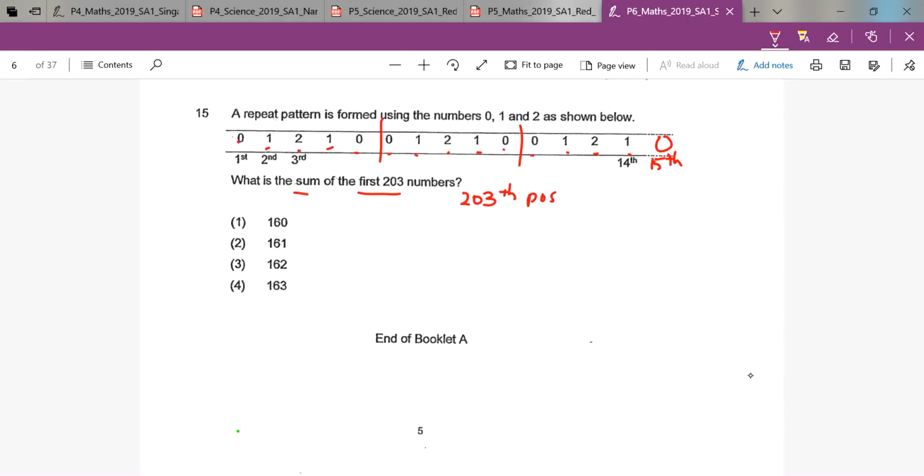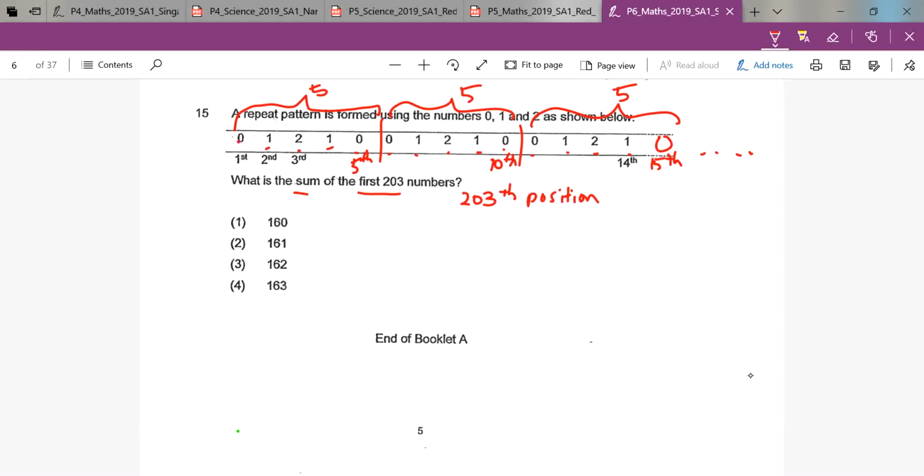Okay, and then you work backwards. So if you can see, this is a group of 5 numbers, a group of 5 numbers, a group of 5 numbers, so on and so forth, and therefore this one will end with the 5th position, this one will end with the 10th position, this will end with the 15th position, so on and so forth.